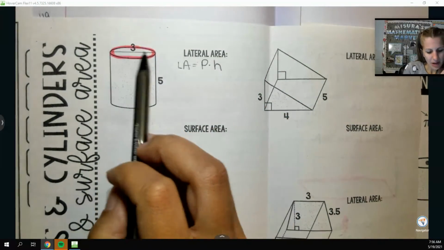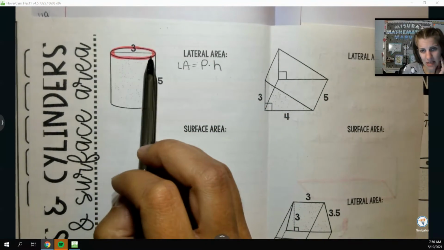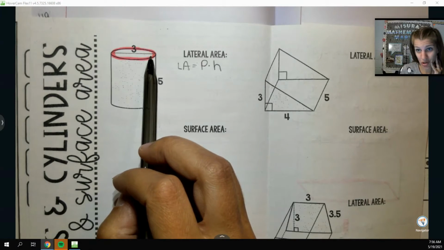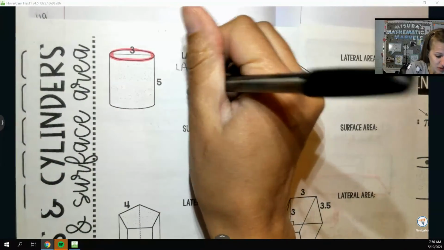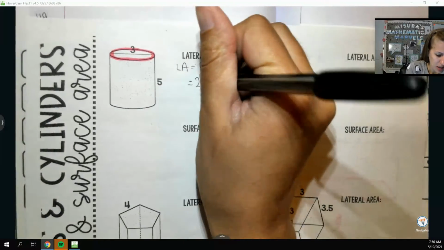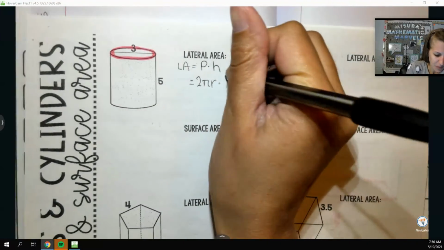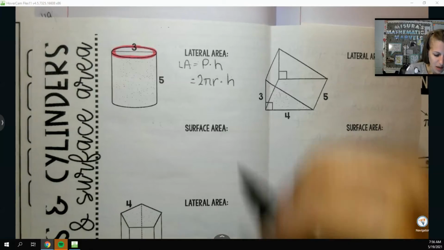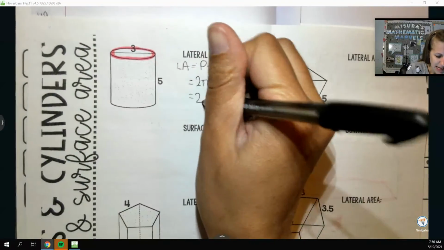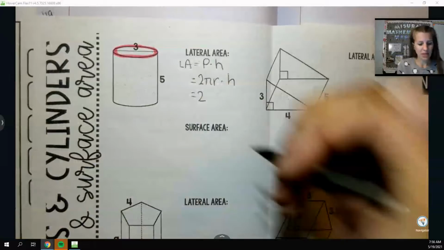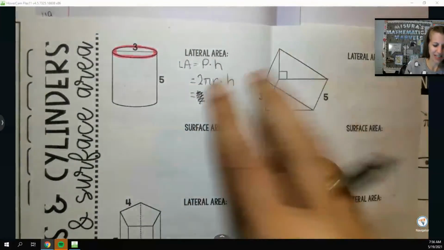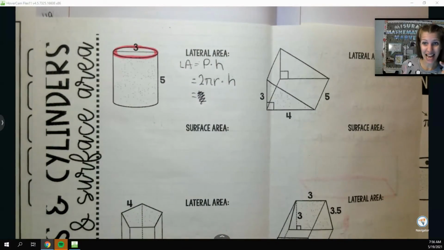So perimeter of the base is the perimeter of a circle. And perimeter of a circle is actually called something special. It's called circumference. And that's 2 pi r. So we need that radius, which is unfortunately not 3. It's the diameter. Although 2 times, gosh darn it, I already wrote that 2 down. 2 times the radius is the diameter.